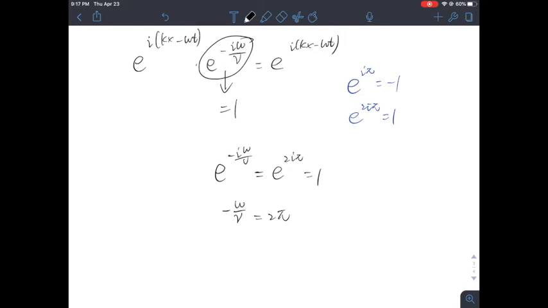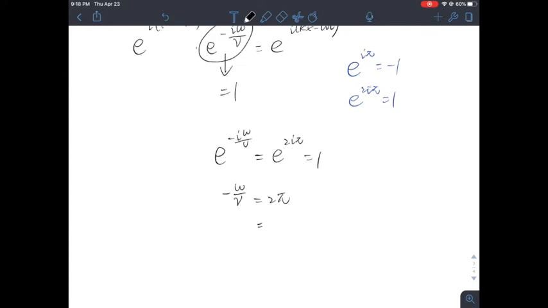Because the frequency should be a positive number, there's nothing like negative time, so let's choose the absolute value of this frequency. We get the frequency equal to omega over 2 pi. Now we have solved for the frequency, but we need to plug it back into our energy equation.